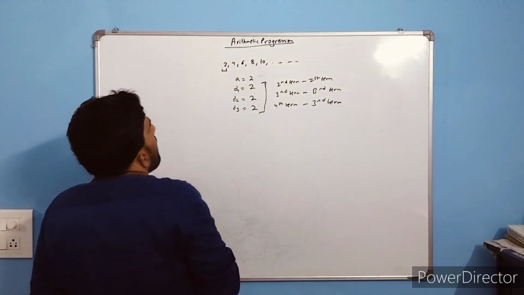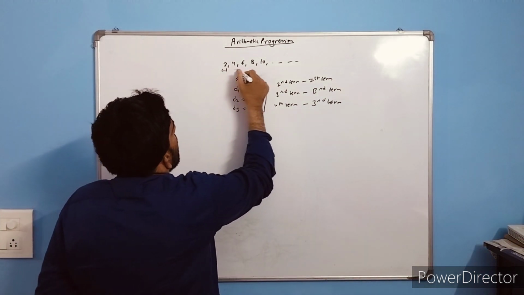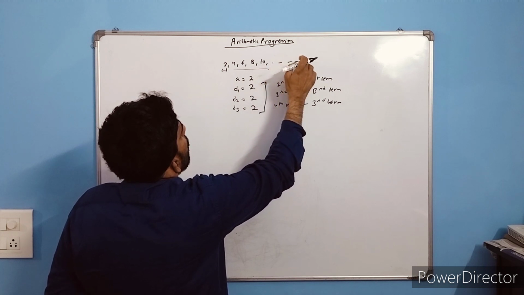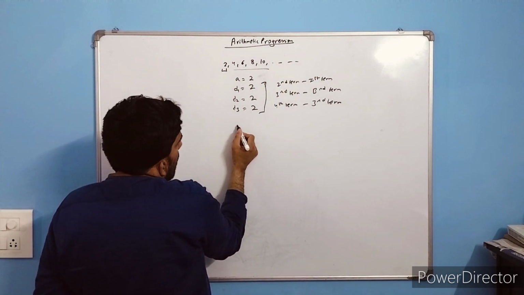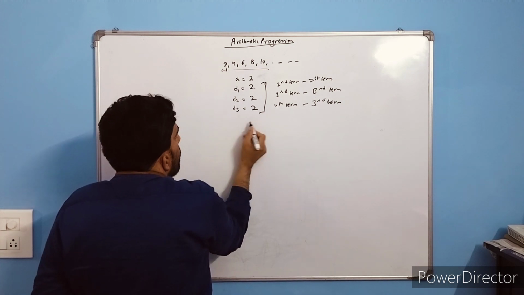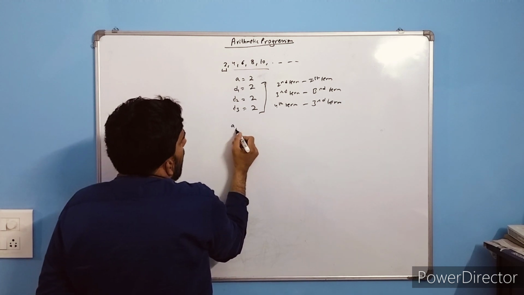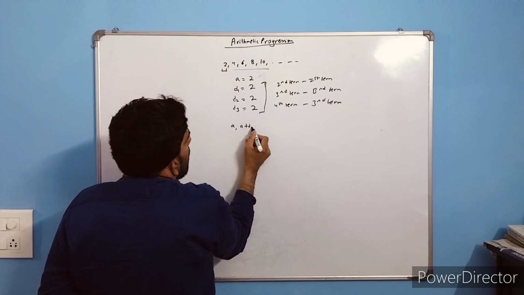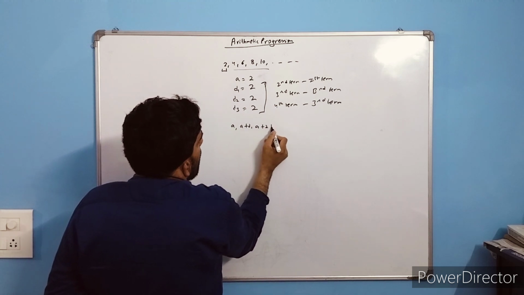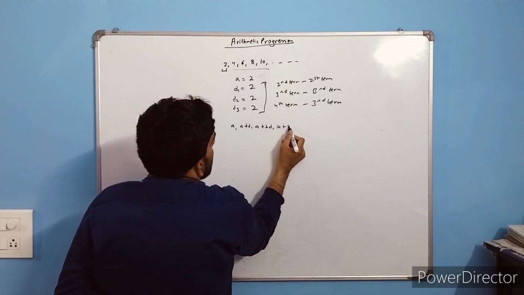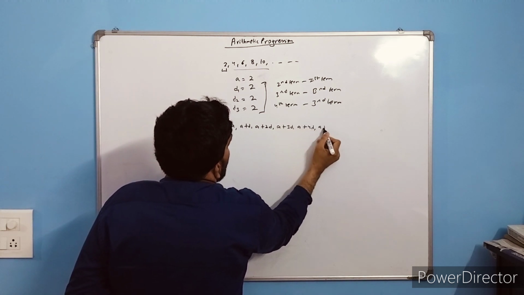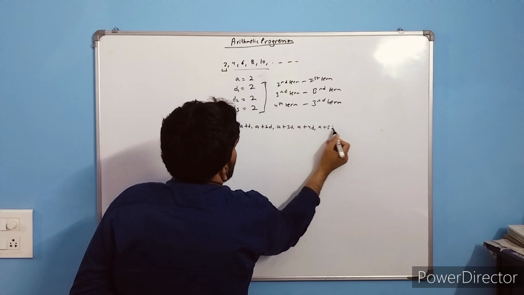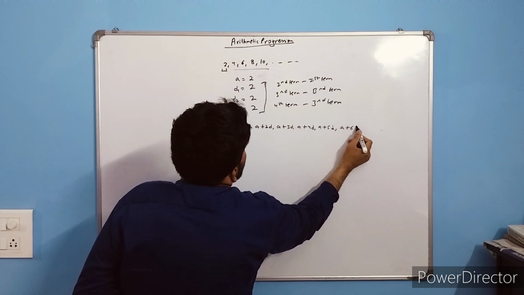First thing. Second thing: if I find this is in AP, I can write its further terms. How? To write this, we need the first term A, then A plus D, A plus 2D, A plus 3D, then A plus 4D, A plus 5D, A plus 6D.